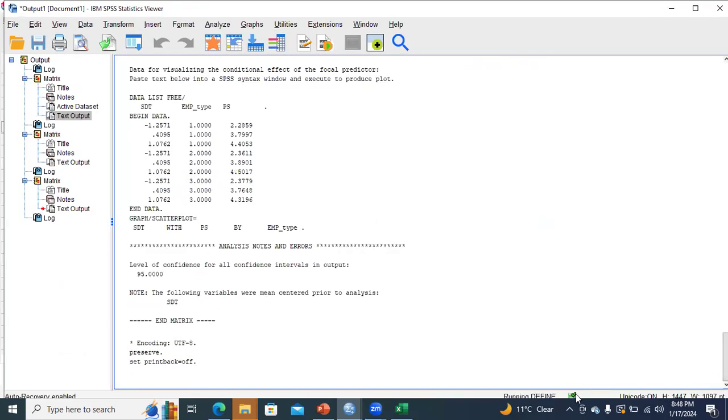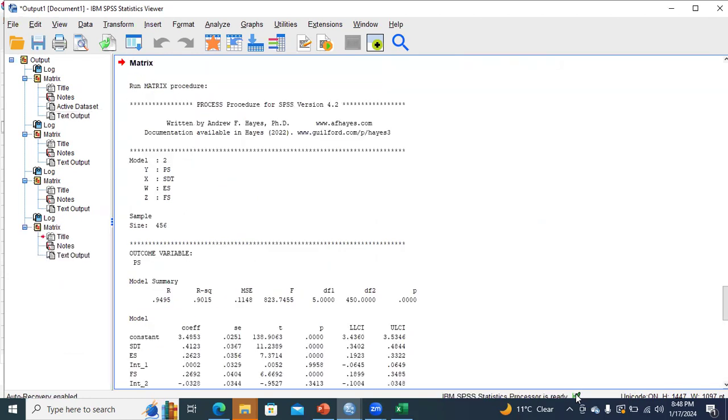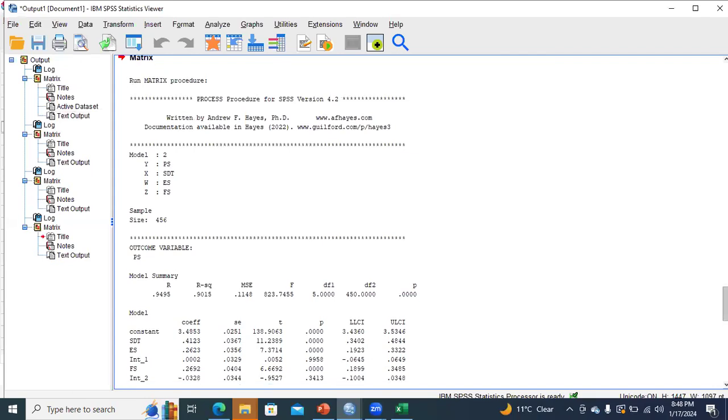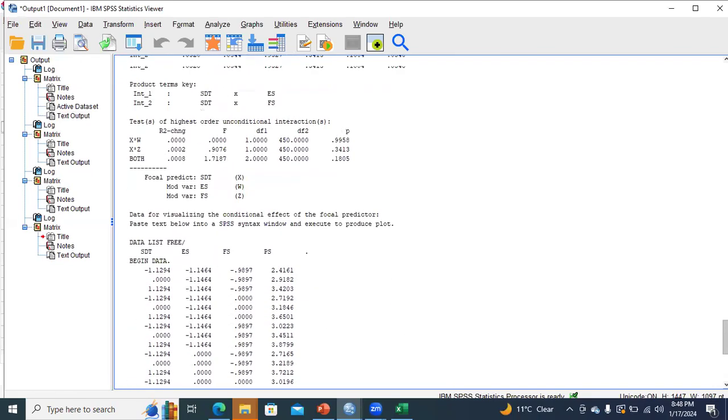You need to wait for a couple of seconds. Hayes PROCESS is basically a complicated process and sometimes it takes some time to show you the results.